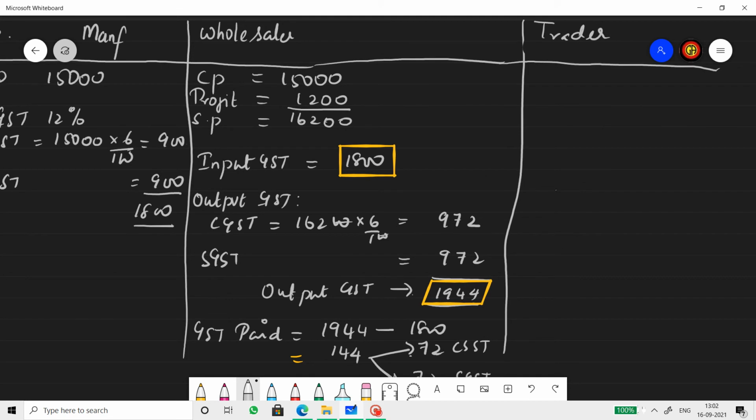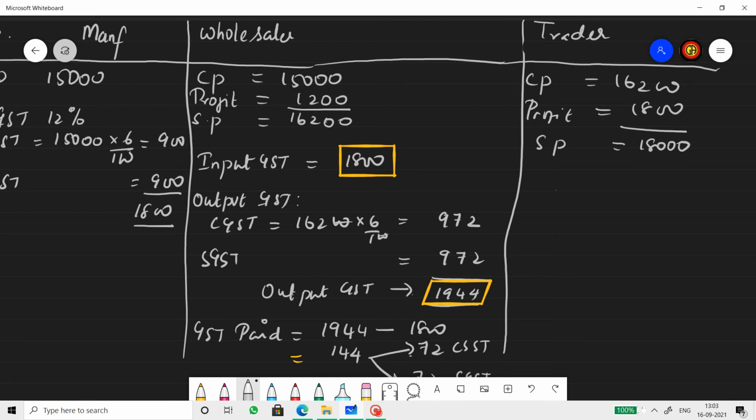Now the trader's cost price will be the wholesaler's selling price, right? So CP of the trader is 16,200. The trader keeps a profit of 1,800. This we know from the question. So therefore the selling price will become 18,000.